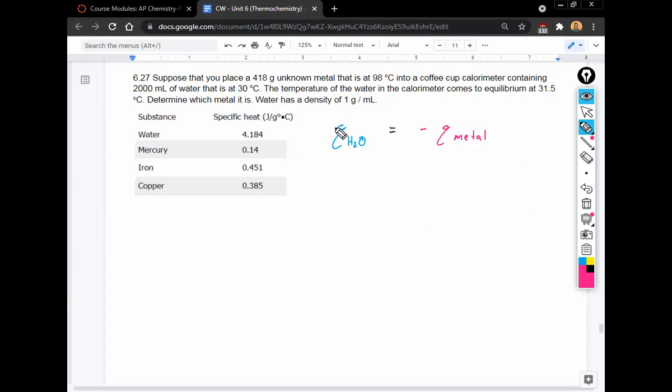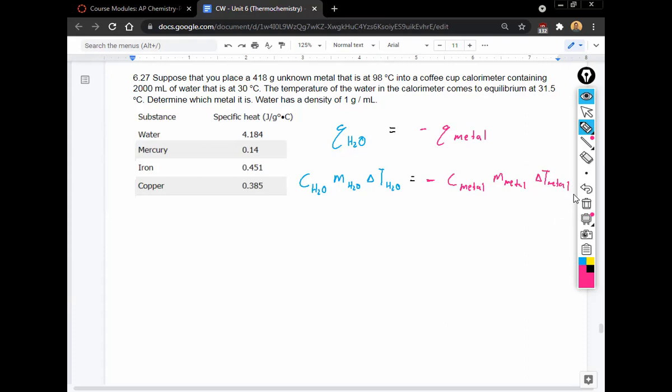And if we want to expand this equation, we can say that the specific heat of water times the mass of water and the temperature change of water is equal to negative the specific heat of the metal, the mass of the metal, and the temperature change of the metal. All we're doing is making this equation bigger so that we can plug the numbers in.